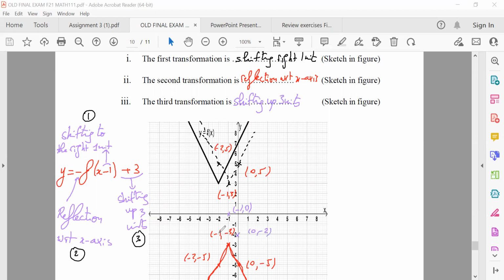The point -2, -5 is here, -2, -2. Finally, this is the graph that we need. This is the graph of y equals minus f of x minus 1 plus 3.